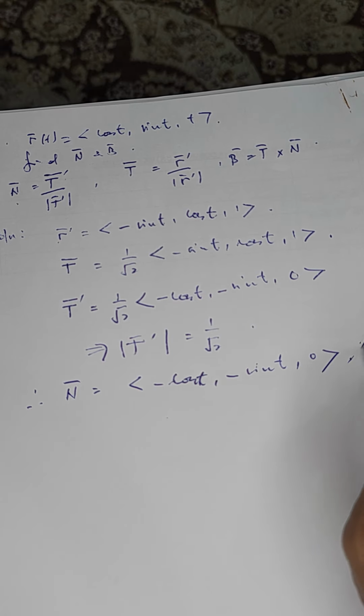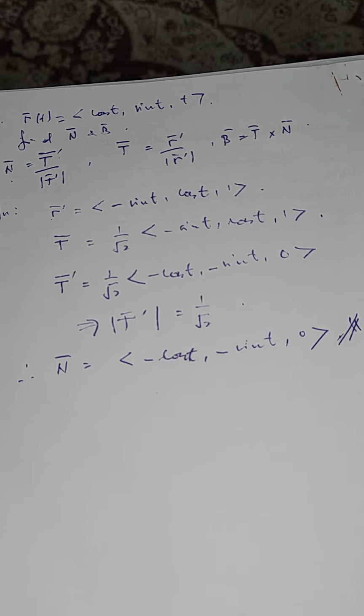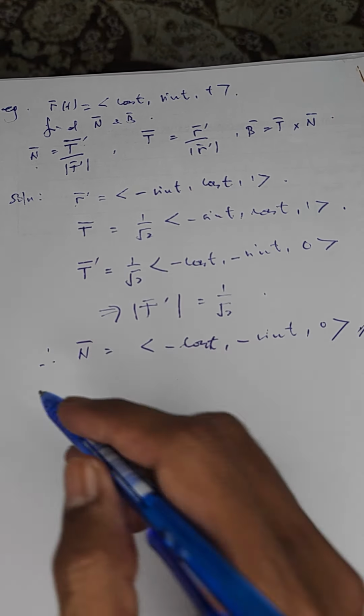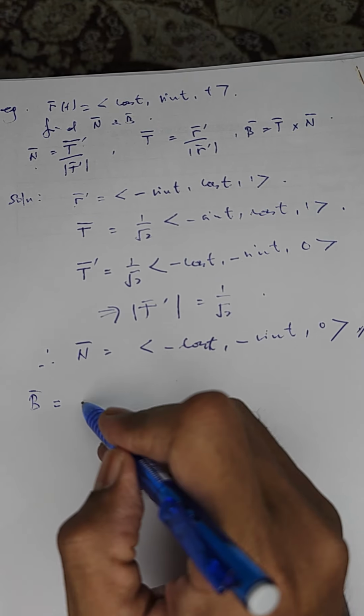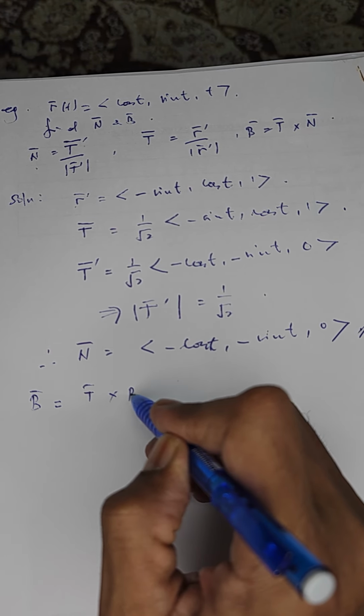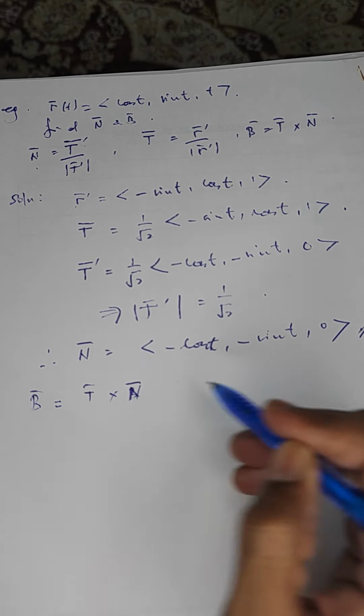So this is the unit normal vector. And for B, you need to perform the cross product between T and N.